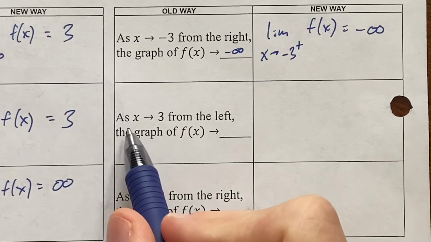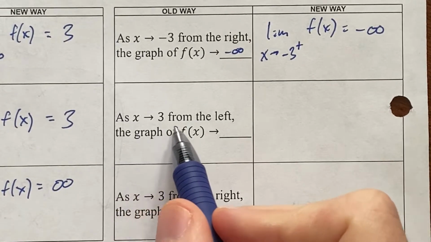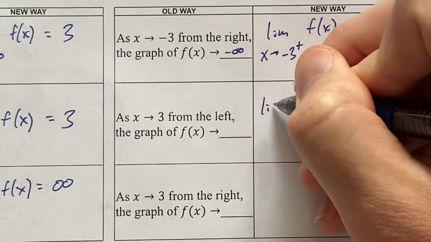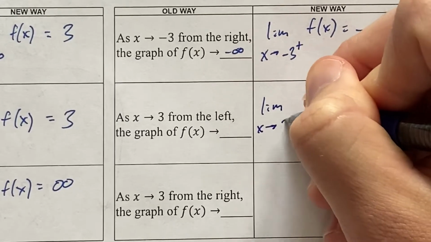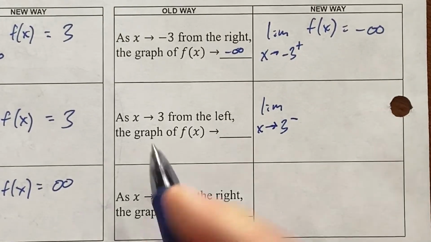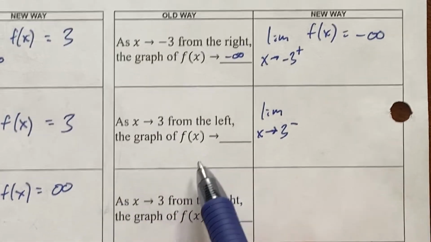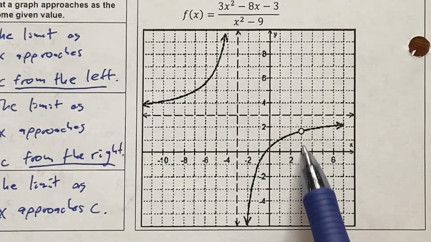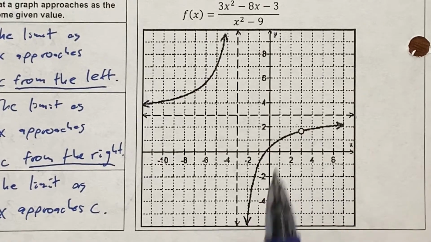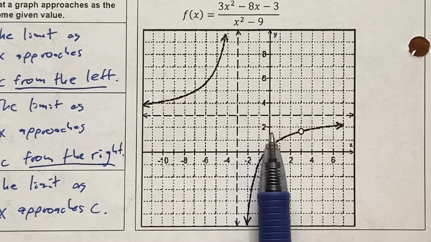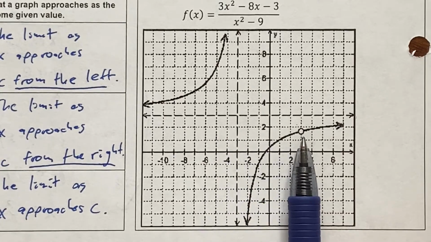All right, as x approaches 3 from the left, so that would be limit as x approaches positive 3 from the left would be a minus. The graph of f of x does something. All right, let's look up here. As x approaches 3, this is the weird one, it's got a hole right there. As x approaches 3 from the left side, we're going to start over here and we're getting closer and closer to that 3 right there.